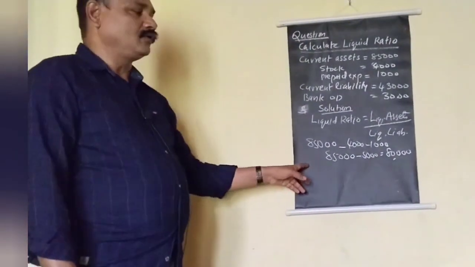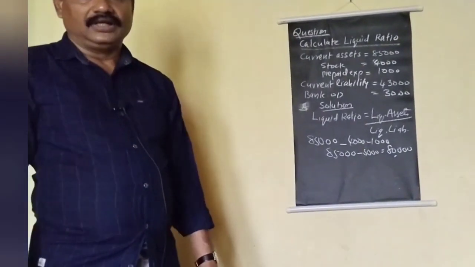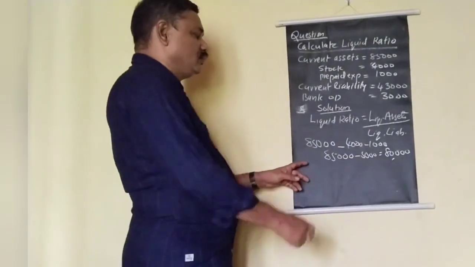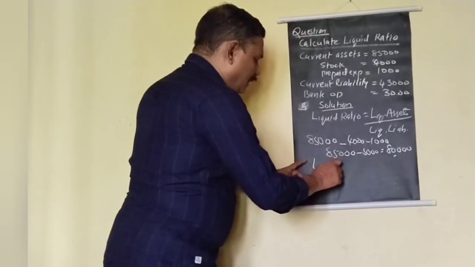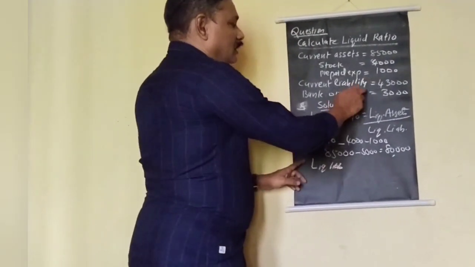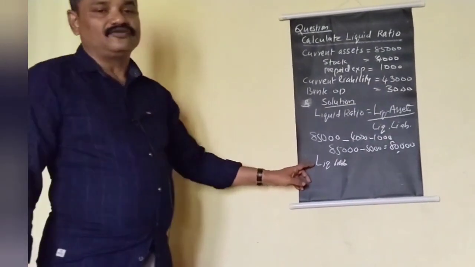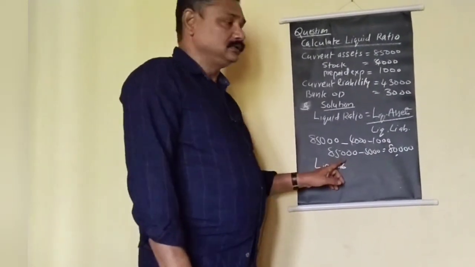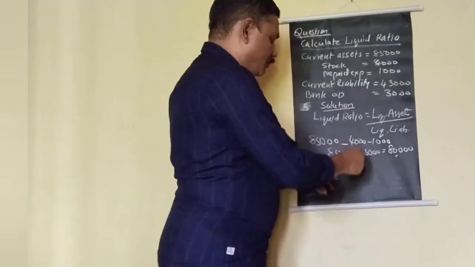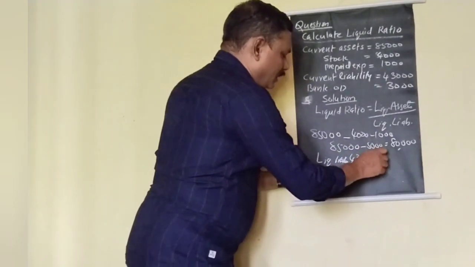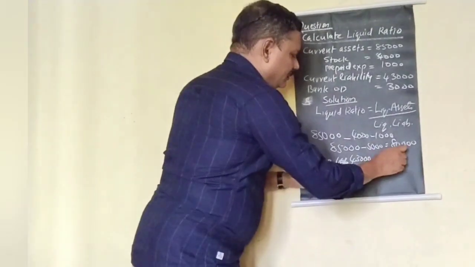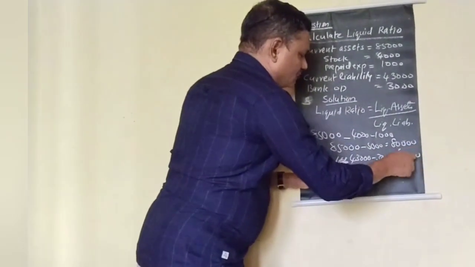Similarly, we have to find out liquid liabilities: current liabilities minus bank overdraft. See, 43,000 minus 3,000 is equal to 40,000.